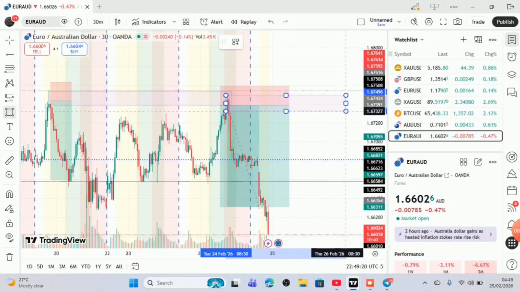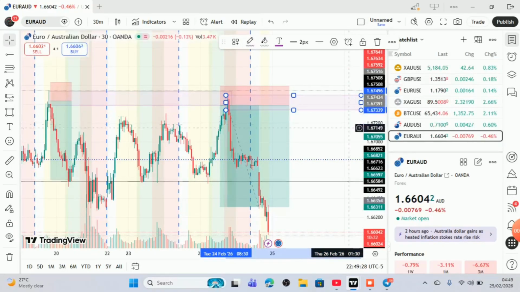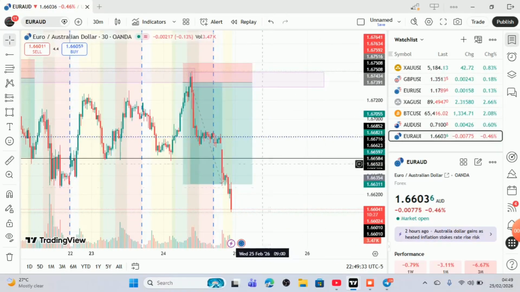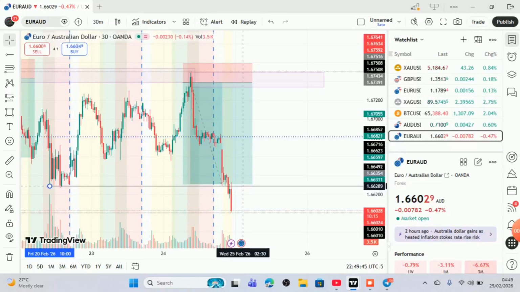Now this is live, so whenever price gets to this zone again, I'm selling. Remember, any pair that you are trading, this strategy is okay.